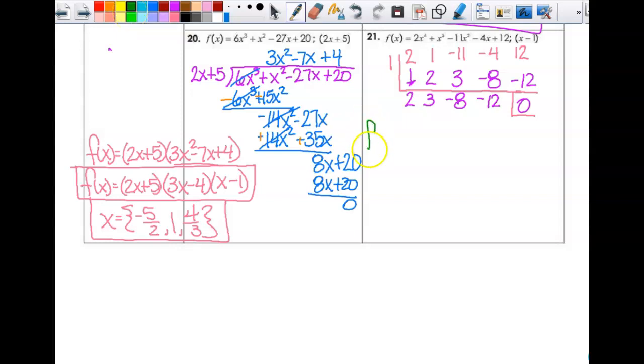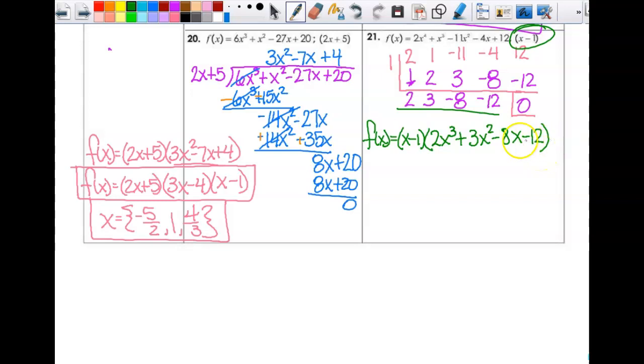So now f of x equals this factor that I just divided by times what I have left here. There are 4 of these, which means it's x cubed in here. So this would give me 2x cubed plus 3x squared minus 8x minus 12.